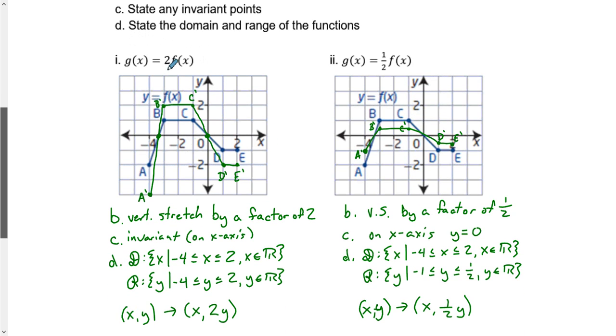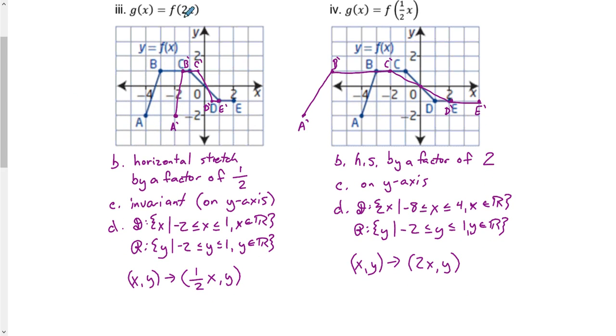A vertical stretch by a factor of 2. Well, 2 is on the outside. So our y's are just being multiplied by 2. Same thing in this one, the y's are being multiplied by 1/2. In this one, the x's are being multiplied by the opposite of 2. Again, I use the word opposite a little bit loosely, but basically the reciprocal. The reciprocal of 1/2 is 2. The reciprocal of 2 is 1/2.